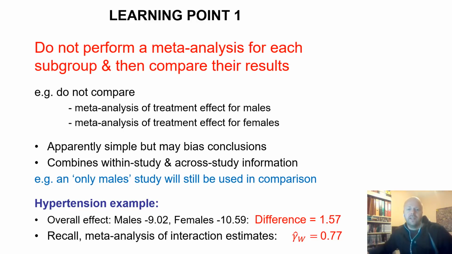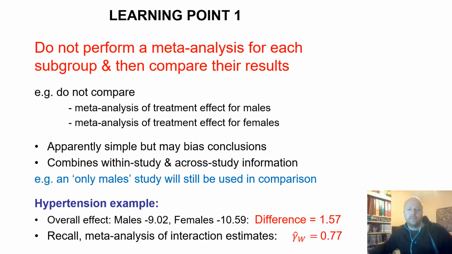However, if you did the subgroup comparison approach, then it would be included because it would contribute to the male-only subgroup meta-analysis. So if you look at the bottom there, I've got an example where you do get a difference. If you take that approach, you get 1.57 compared to our estimate before, which was 0.77. So a double of the effect size.